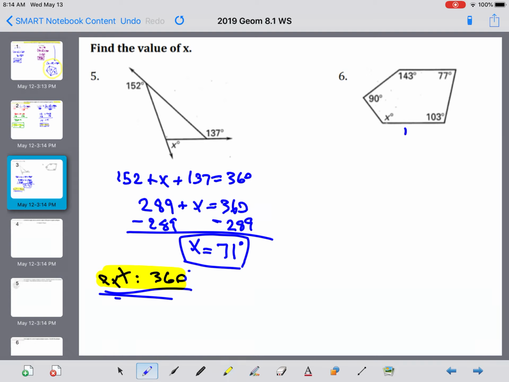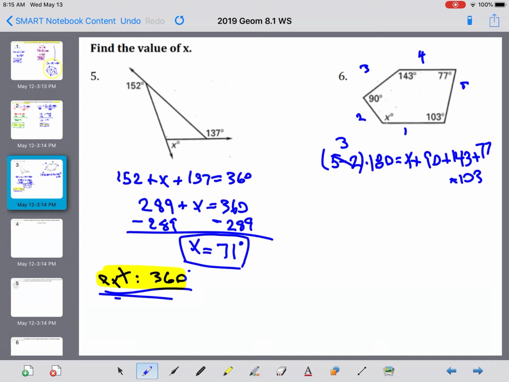This one here, I have 1, 2, 3, 4, 5 sides. So I'm going to have 5 minus 2 times 180 for the total. And now I'm going to have x plus 90 plus 143 plus 77 plus 103 for the other side. So this becomes 3. 3 times 180 is 540. Over here I got x plus all of these angles added together.